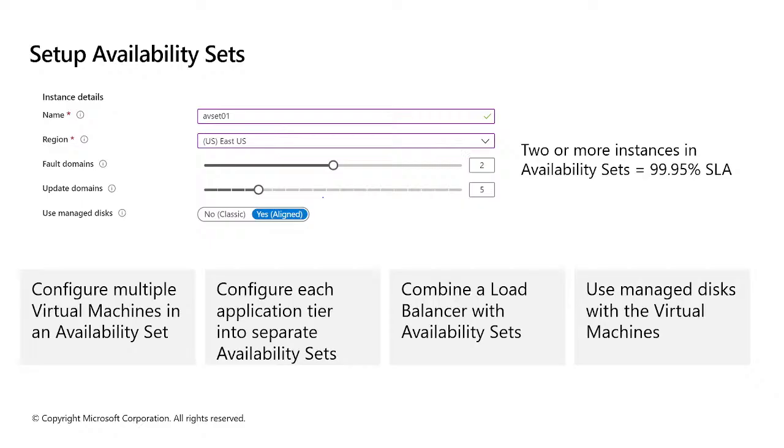That means if there is a downtime in maybe one of the servers, we should still be able to access our machine. Now, this brings us to what we call the fault domain and the update domain. Do we have anyone that can explain what a fault domain is and an update domain?